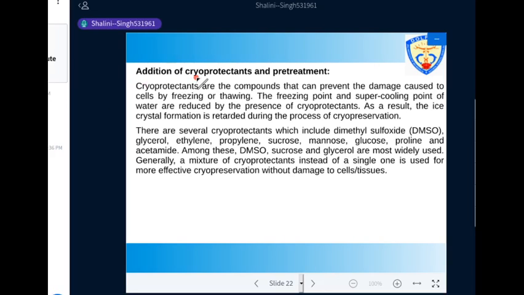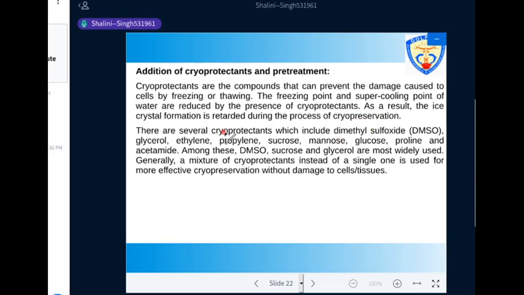Second step, addition of cryoprotectant. Cryoprotectants are the compounds that can prevent the damage caused to cells by freezing or thawing. Freezing point and supercooling point of water are reduced by the presence of cryoprotectant. As a result, the ice crystal formation is retarded during the process of cryopreservation.